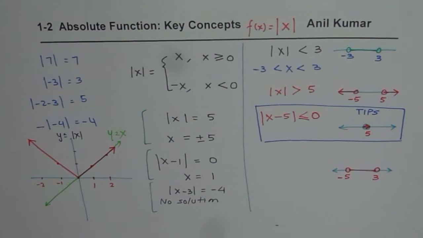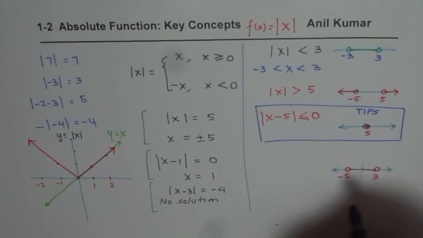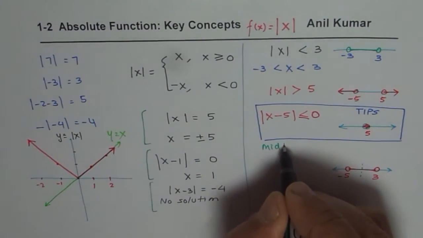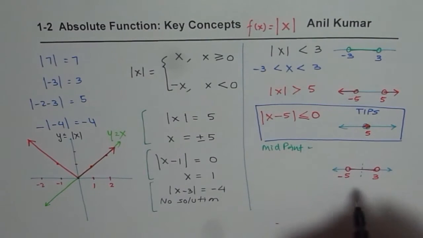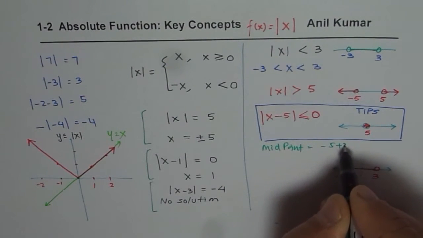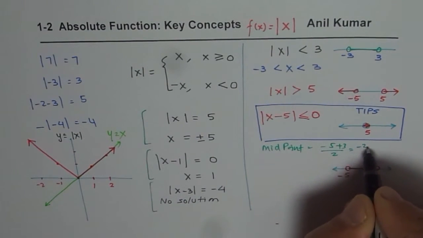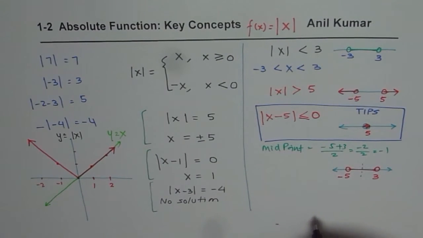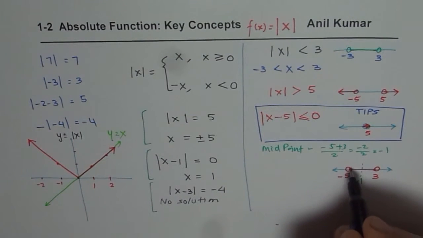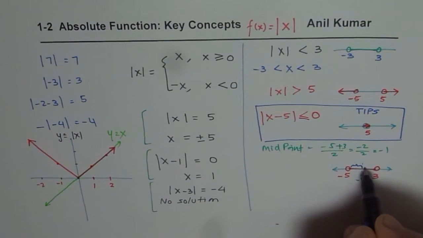Well, the solution was find the midpoint. So first step is find midpoint, okay? So midpoint here is minus 5 plus 3 divided by 2, which is minus 2 divided by 2, or minus 1. So once you say minus 1 is my midpoint, then you have to see how far are you from the midpoint?